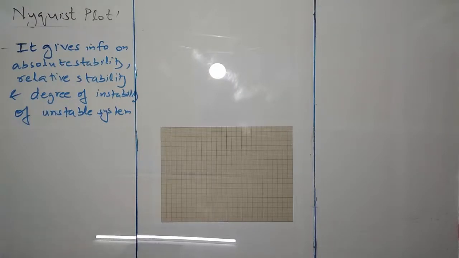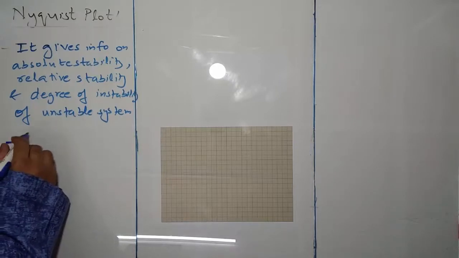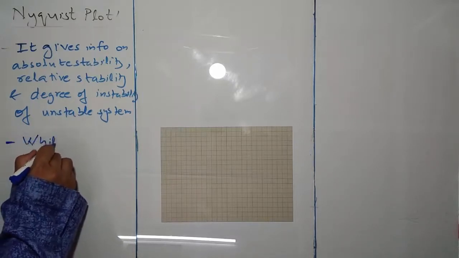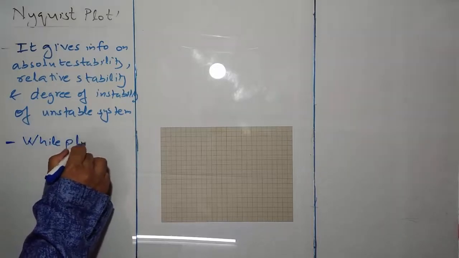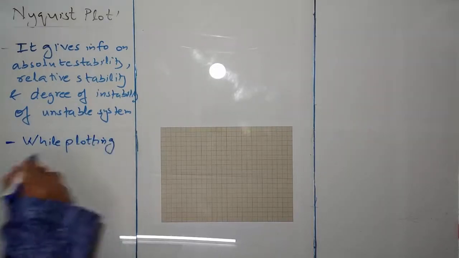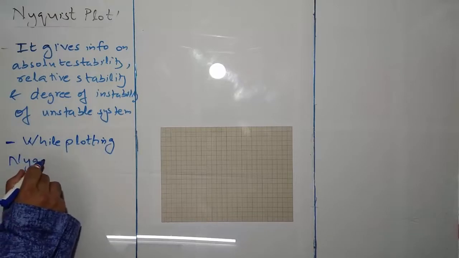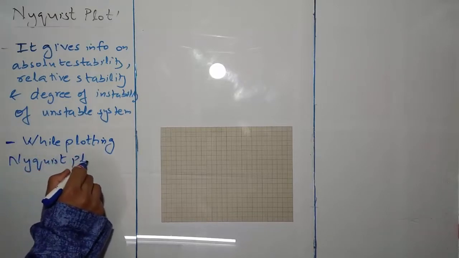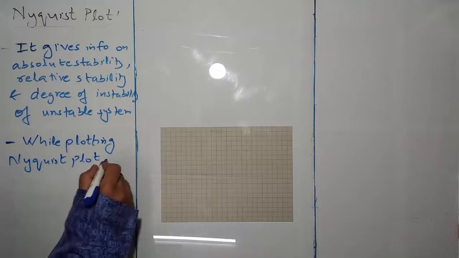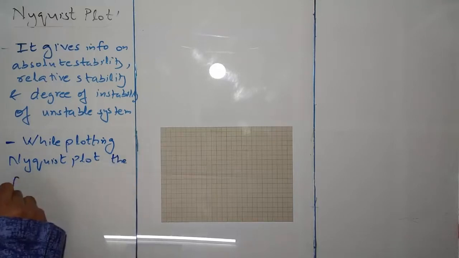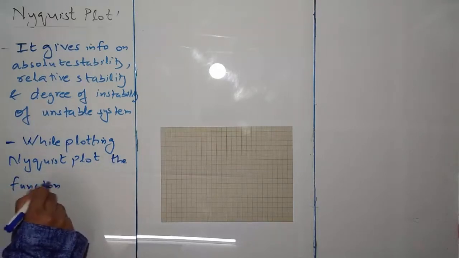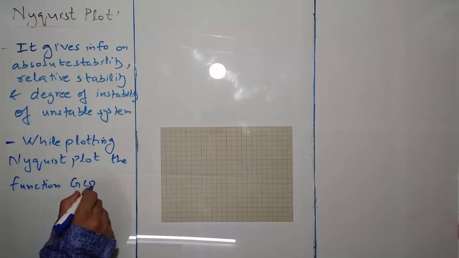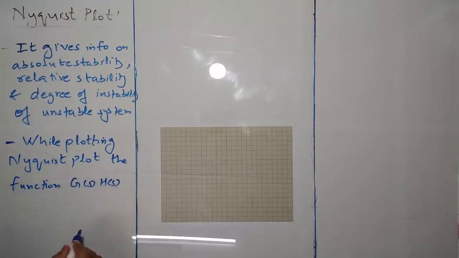Now in Nyquist plot, the function G(s)H(s) is considered instead of the closed loop characteristic equation 1 plus G(s)H(s). So whenever you plot Nyquist plot, the function that you will have to consider is G(s)H(s) and not 1 plus G(s)H(s).